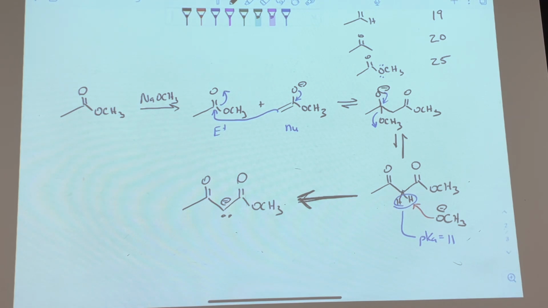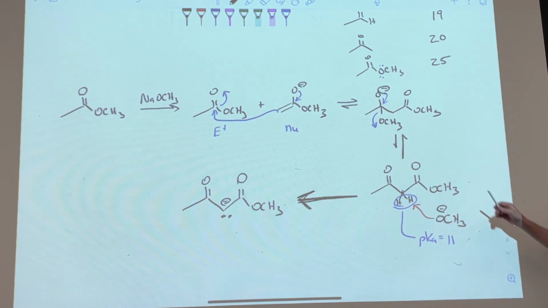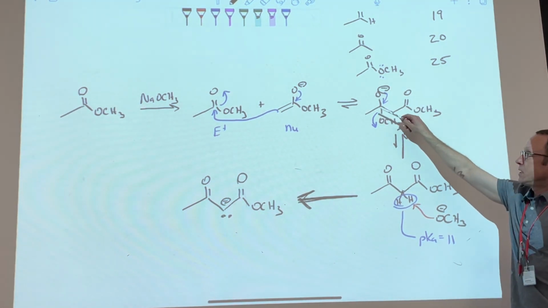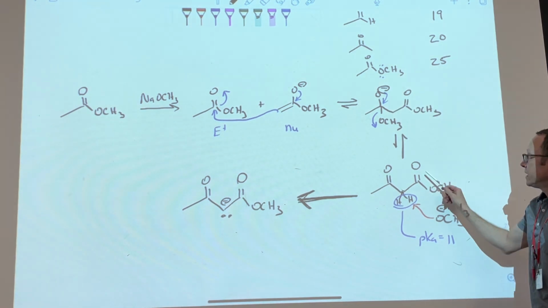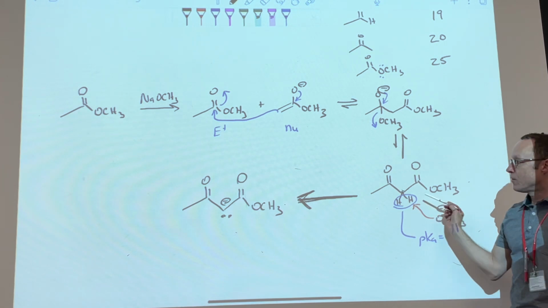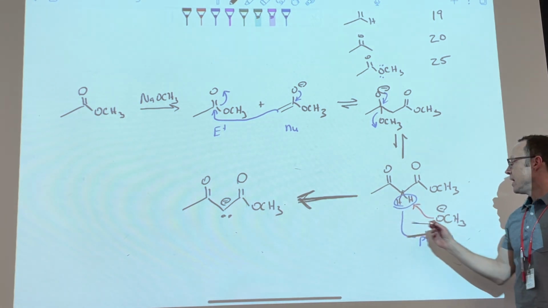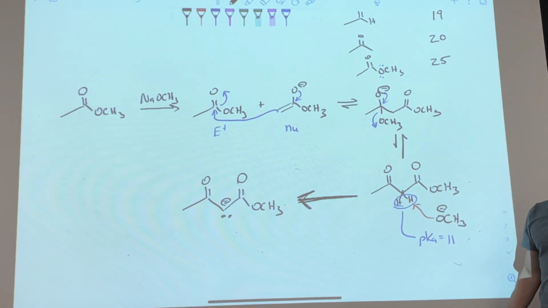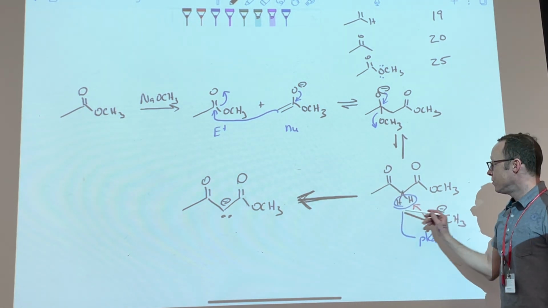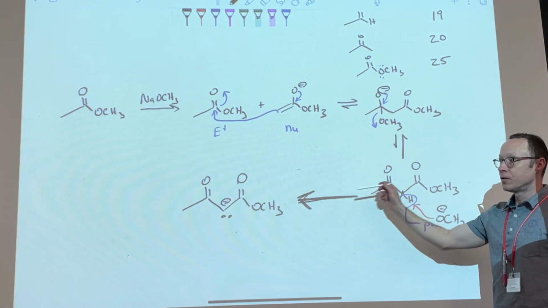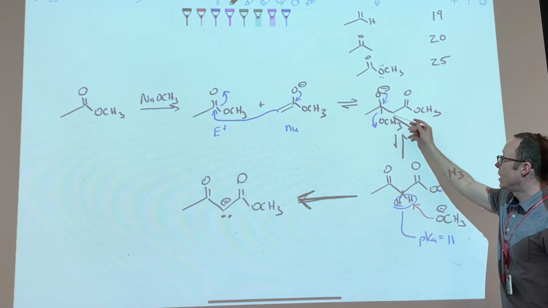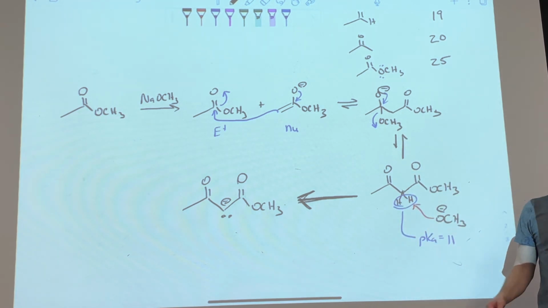We've seen this before: you have a bad equilibrium step as you're trying to kick out the not great leaving group. Yet as soon as you do, you have a one-direction arrow as the methoxide deprotonates those acidic protons. So this almost one-direction, irreversible step is driving this bad equilibrium. It's just Le Chatelier.